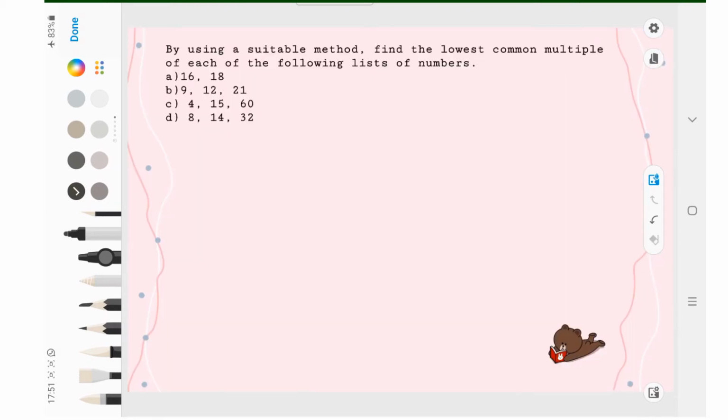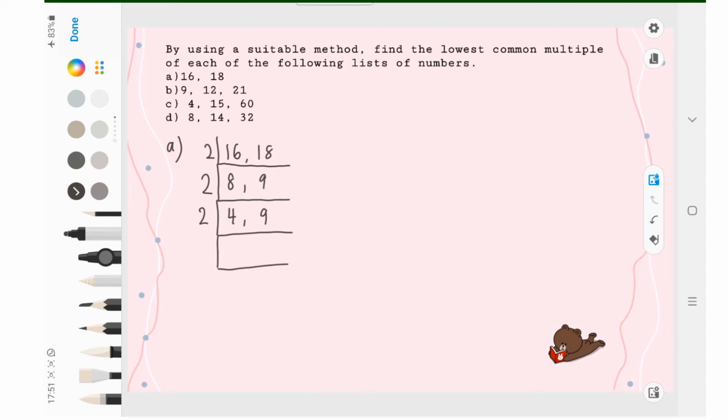By using a suitable method, find the lowest common multiple of each of the following lists of numbers. A. 16 and 18. The solution is we use the method just now. 16 and 18 divide by 2. 16 divided by 2 is 8. 18 divided by 2 is 9. Then divide by 2 again because we have 8. 8 divided by 2 is 4, and 9 we just bring it down.